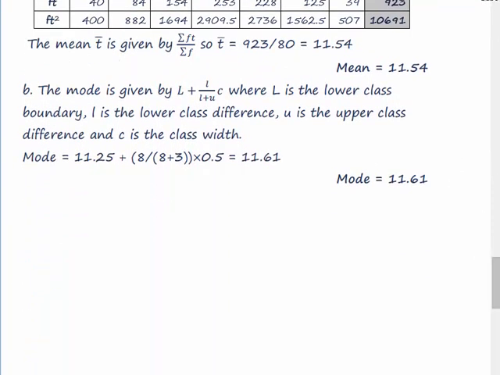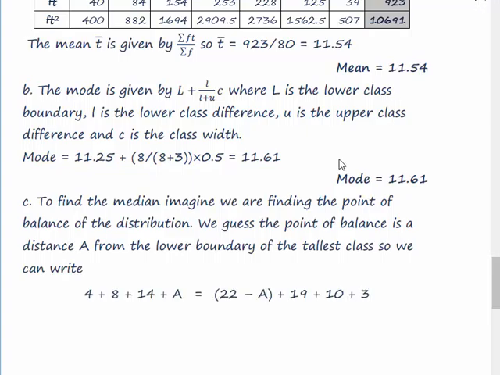So let's write that out. 4 plus 8 plus 14 is going to give us 26. 22 plus 19 plus 10 plus 3 is going to give us 54. We'll take the minus A onto the left hand side and the 26 onto the right hand side. 54 minus 26 is going to be 28. So A is going to equal 14.